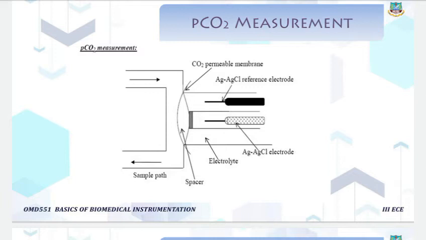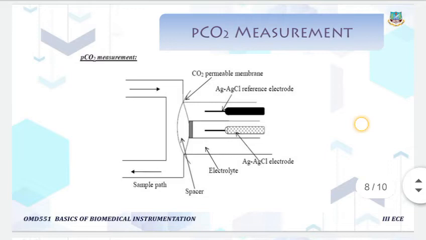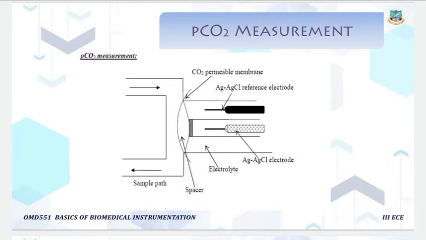The equation is H2O + CO2 ⇌ H+ + HCO3-, where HCO3- is the bicarbonate. That is the measurement of PCO2.